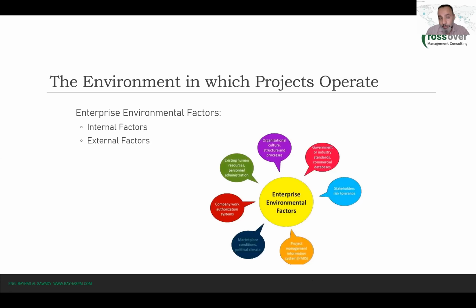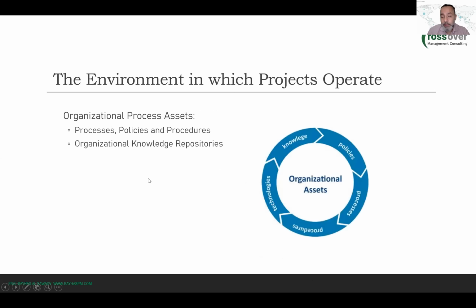is considered an EEF, okay? And the OPAs, the organizational process assets, are the processes, policies, and procedures that you should follow while you manage your project, and the organizational knowledge repositories, or the corporate knowledge base, as we mentioned, which are the databases of the previous project files and the lessons learned from the previous projects, okay?